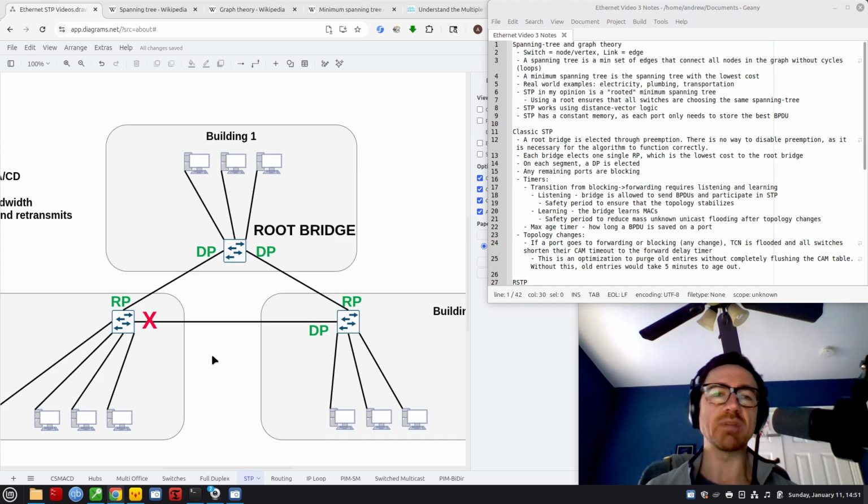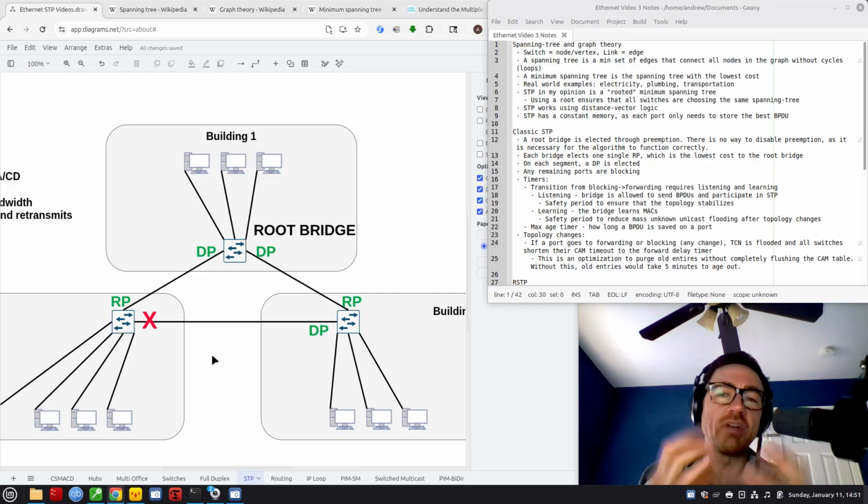And then on the topic of topology changes, the switches need some way to inform other switches that a topology change has happened. Because if a topology change happens, then switches need to flush out their MAC table entries, because the MAC table entries are hinged on the spanning tree topology, because I've received this source MAC on this port.